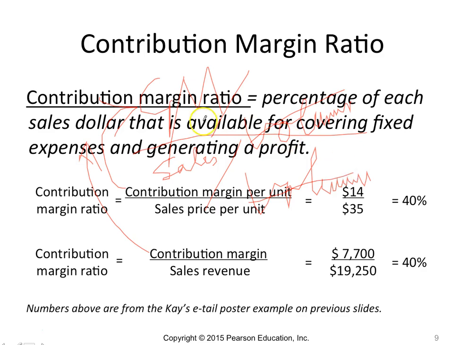When we cross this out, we get contribution margin divided by sales revenue. So these two are basically the same thing. The only difference is which number we use. If we have the per unit number, we use that. If we don't, we simply use the contribution margin divided by the sales revenue.